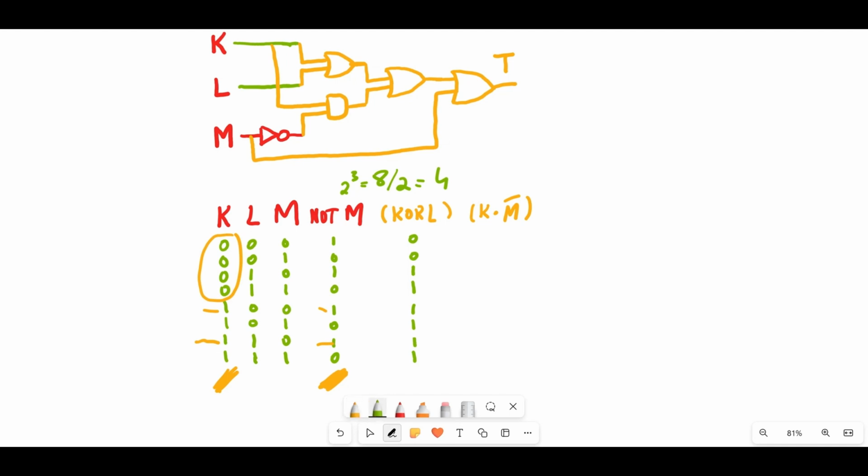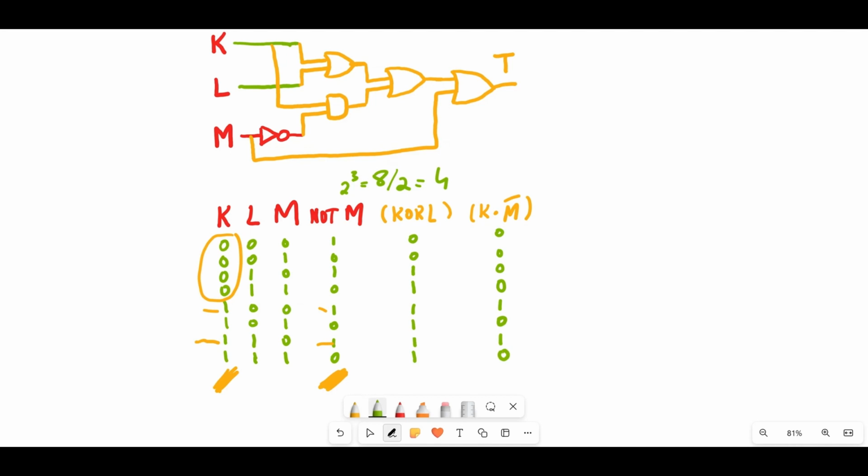This is how you do it. Zeros in the first four: 0, 0, 0, 0. Then both of the fifth inputs for K and not M are 1, so it will be 1, then 0. Then the second last inputs for both K and not M columns are also 1. So 0, 1, 0, 1, 0.